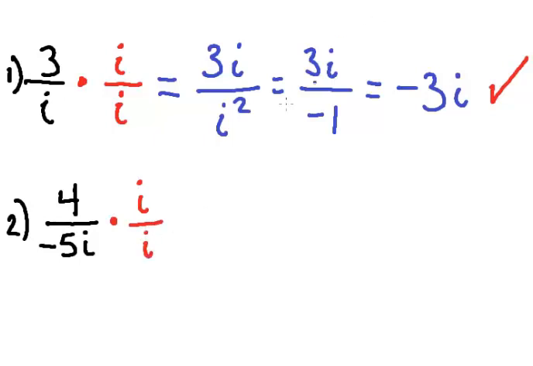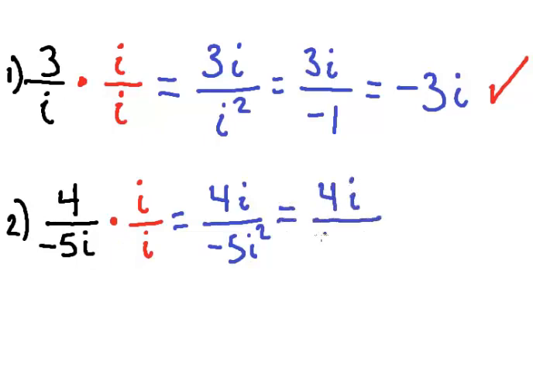Once we do that, we're going to get the following answers. 4 times i is going to give me 4i. And -5i times i is going to give us -5i squared, because i times i gives you i squared. Now remember, the i squared is going to transform into -1, so we have 4i up and -5 times -1 down. This is going to give us 4i divided by +5.